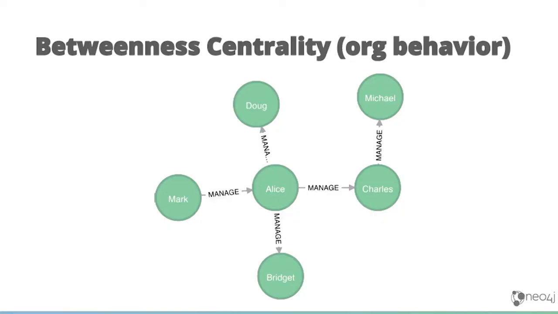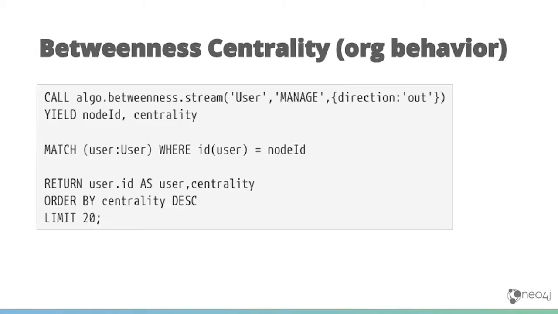This is a very simple graph of different people and who they manage, so an organizational hierarchy. We call the betweenness algorithm on all the users, on the manage relationship, and then the direction of the relationship. In this case, we're trying to return the list of users and their centrality score.